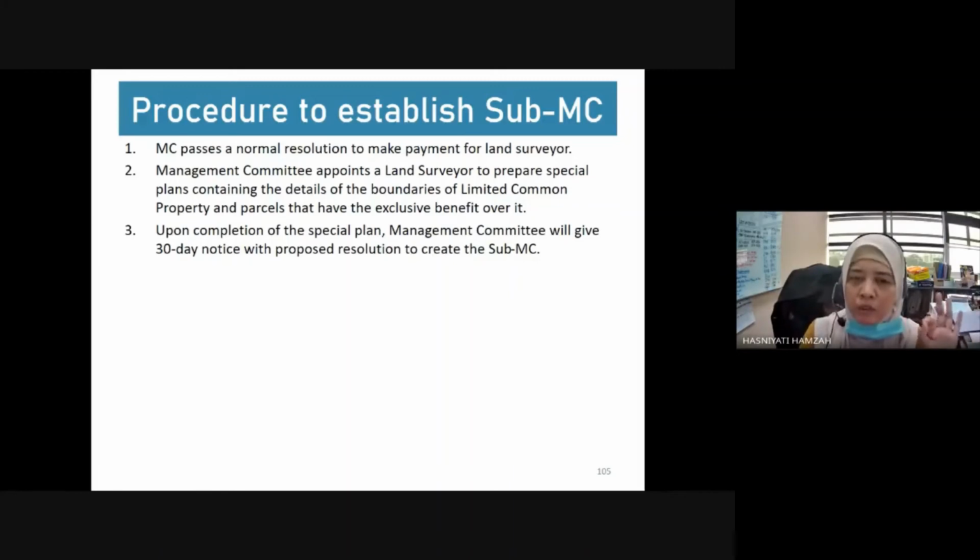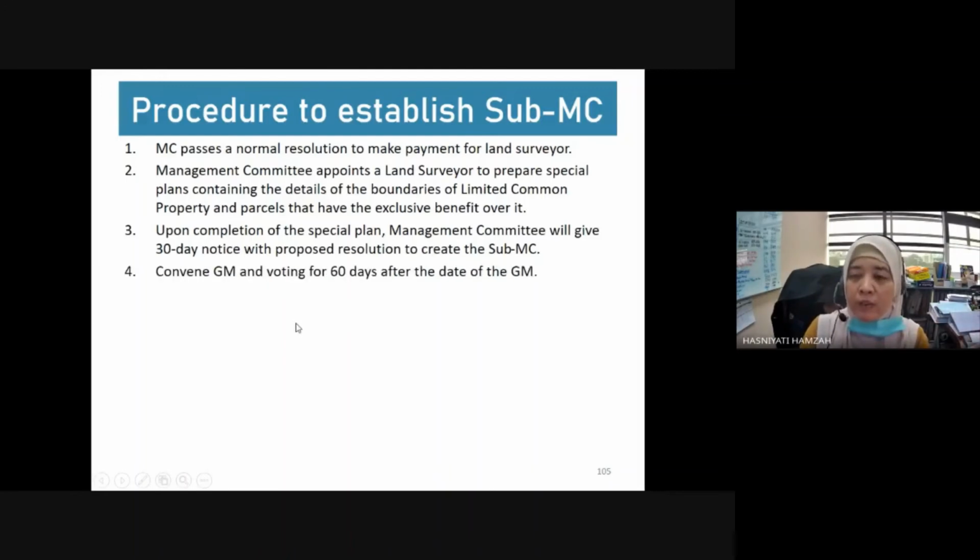Selagi mana tak dapat 2/3 of votes, there will not be a comprehensive resolution. So that's why 30 days notice. Then again, why 30-day notice? Some of the owners do not live in Malaysia ataupun do not live in that particular building. The tenants may live there, so they need time to contact the owners, to trace the owners and things like that lah.